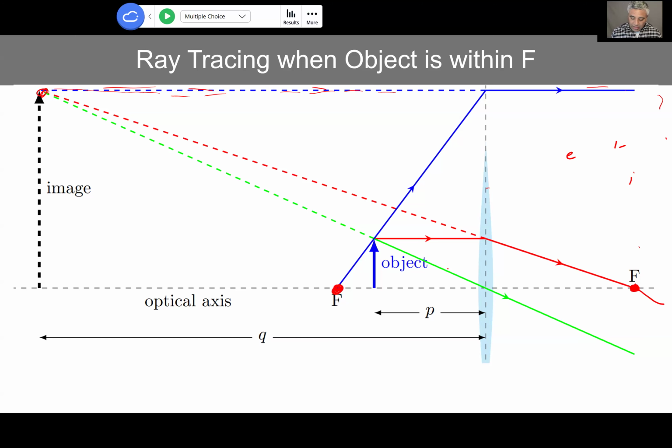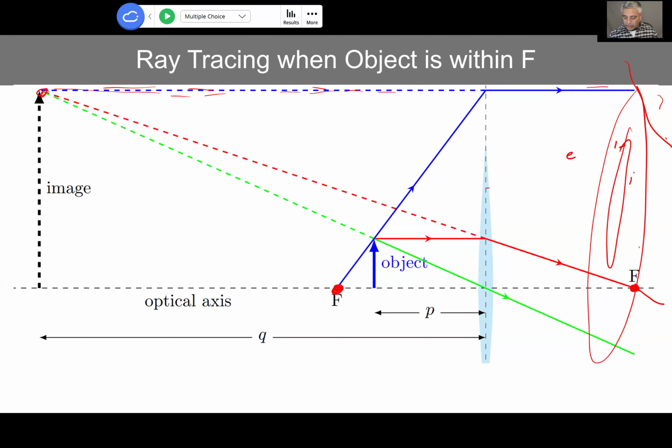Okay, so they meet here, and since the rays of light don't actually meet but appear to when you look from here, right? So if you look from here, they kind of appear to be coming from that point. So that's where the image of this tip is.